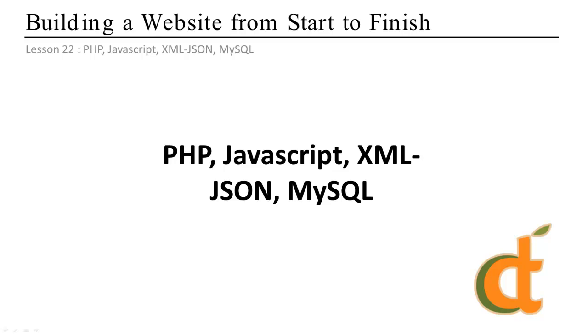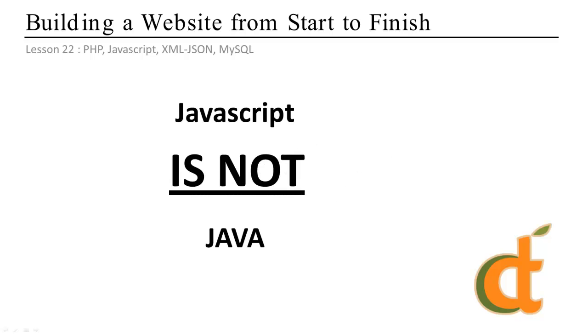I only have one extra slide here to put in this video, and it's very, very important. I cannot stress this enough. I've actually had developers who I've interviewed for contract work, whom I've asked specifically for JavaScript developers, and they're Java developers, and think that it's the same thing. So JavaScript is not Java.